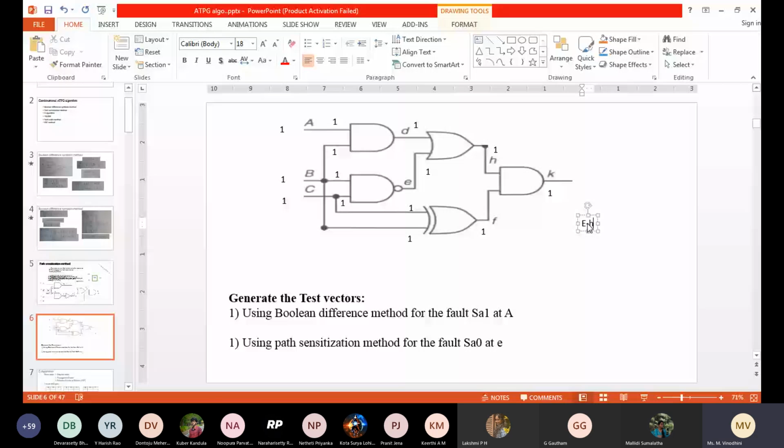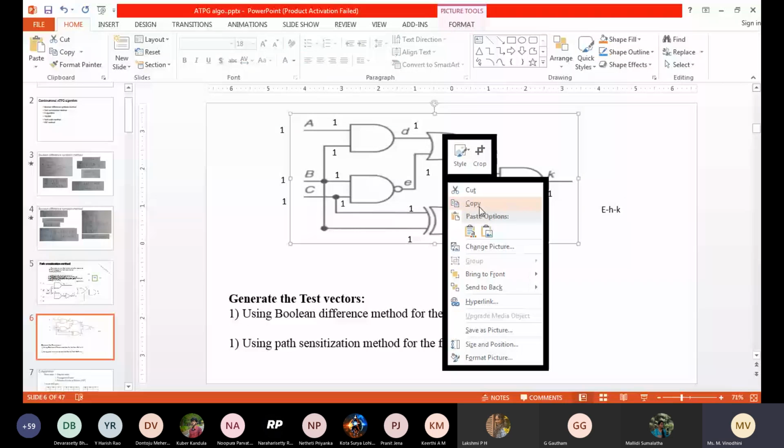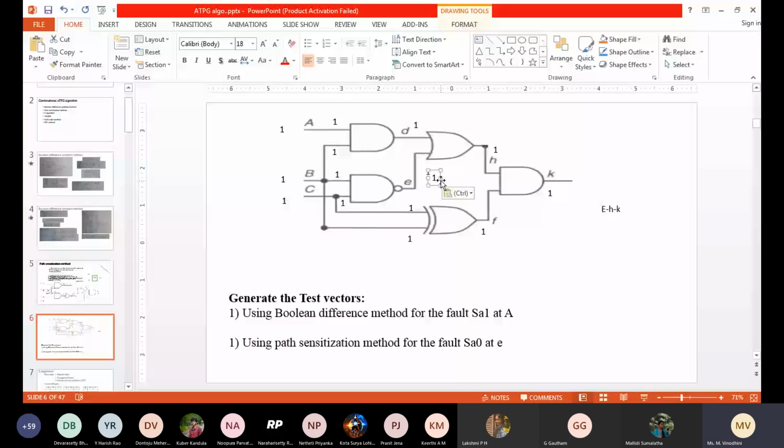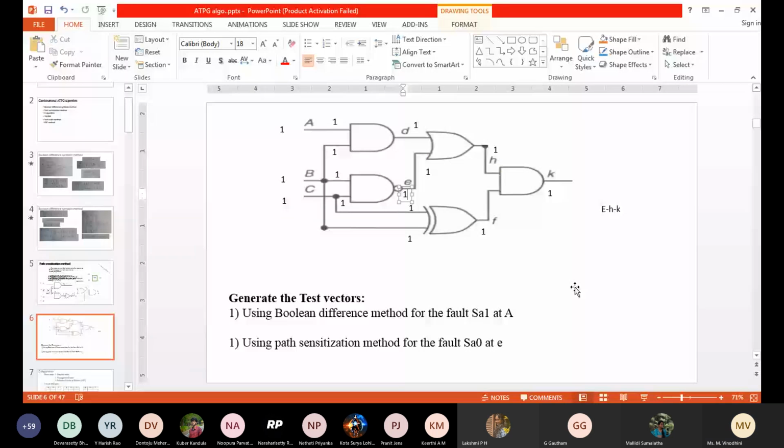Okay. Next, for this path, I need to do activation. Suppose the fault at E is stuck at 0. If the fault is stuck at 0, should the output of this NAND gate be 1 or 0 to activate the fault? 1, because fault is 0.